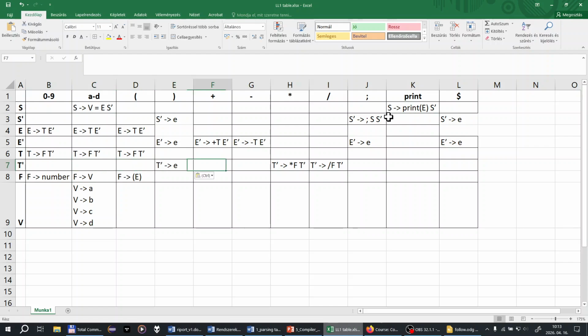So closing bracket, semicolon, dollar sign, plus and minus.